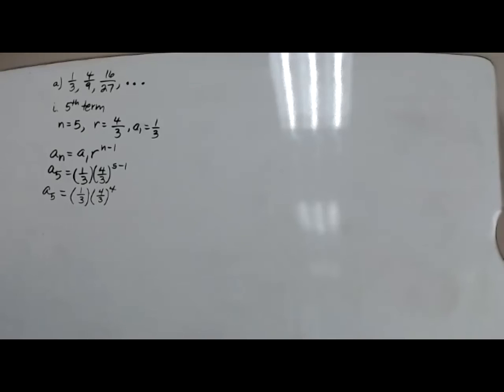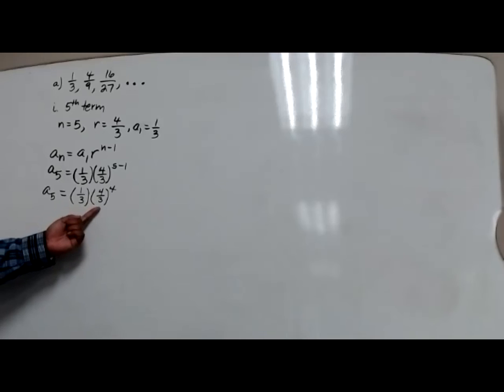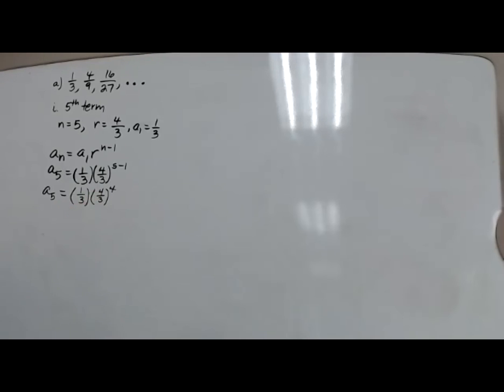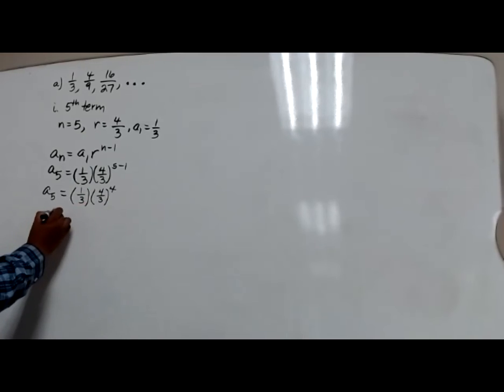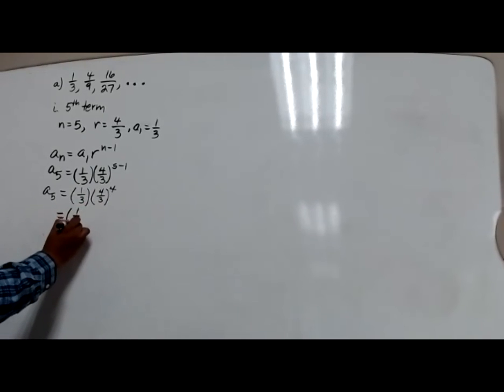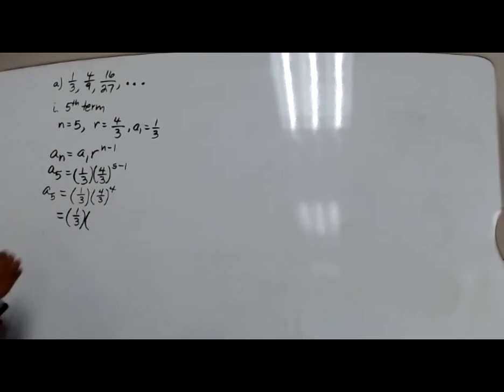Now we start by using the order of operations, doing the exponents first. That 4/3 will have to be to the 4th power. So here I'm going to have 1/3 times 4 to the 4th over 3 to the 4th.